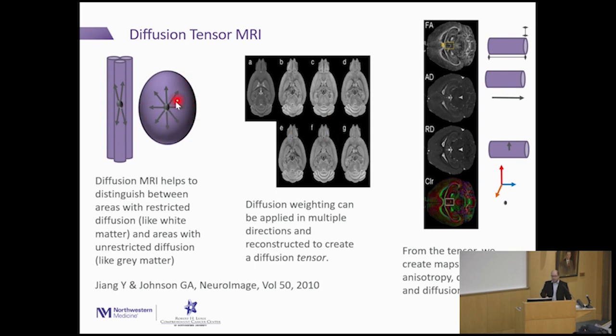So this is a generic voxel showing arrows in all the directions, and then this is what it would look like as it's traveling down a neuron, and how you can confine it to fewer directions. And then these are the different images that you get out of DTI.